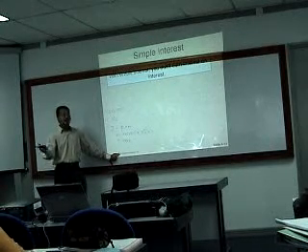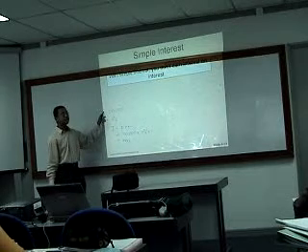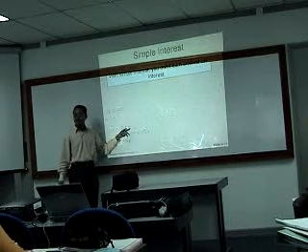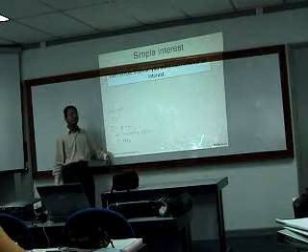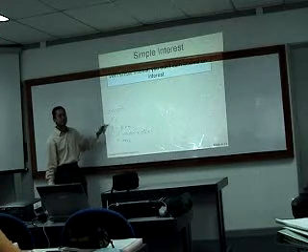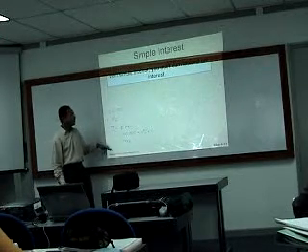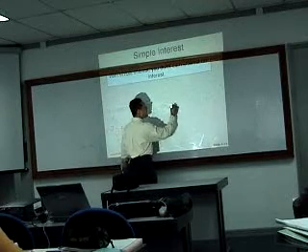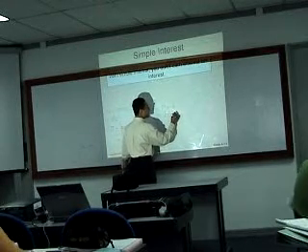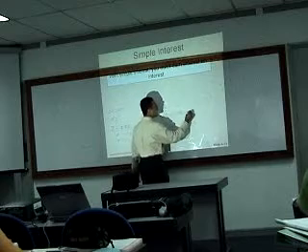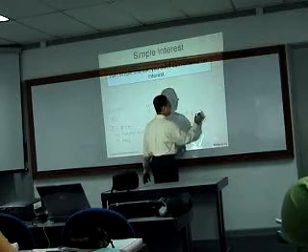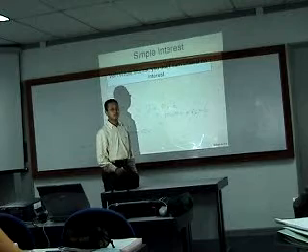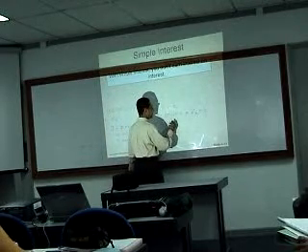Now let's say I want to keep this amount for 5 years instead of 1 year. How much interest will I receive? I use the formula I equals PRT. Principal is 100,000, R is 10%, time is 5 years. You get 50,000.